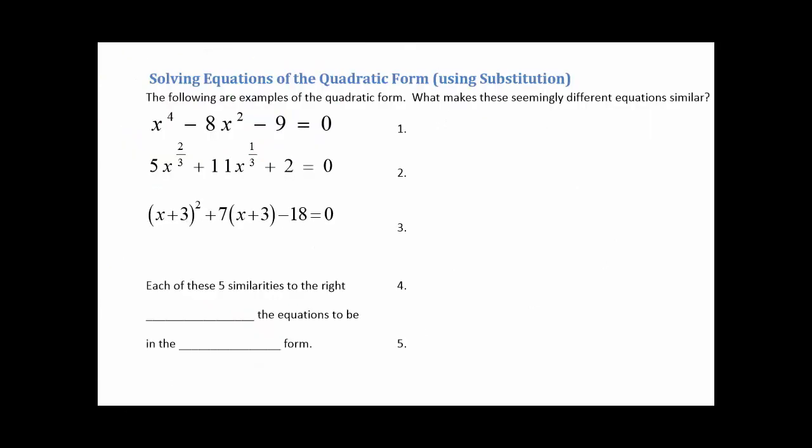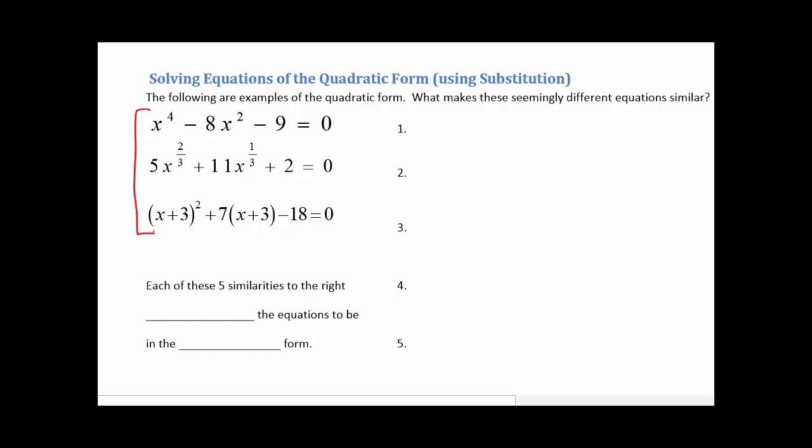Okay, so the next topic we're going to continue with is solving equations that aren't quite factorable the way we see them, but they look like they're in quadratic form and allow us to use a concept called substitution. Now, I want you to take a look at these 3 problems, pause the video and ask yourself, what do these 3 problems have in common?